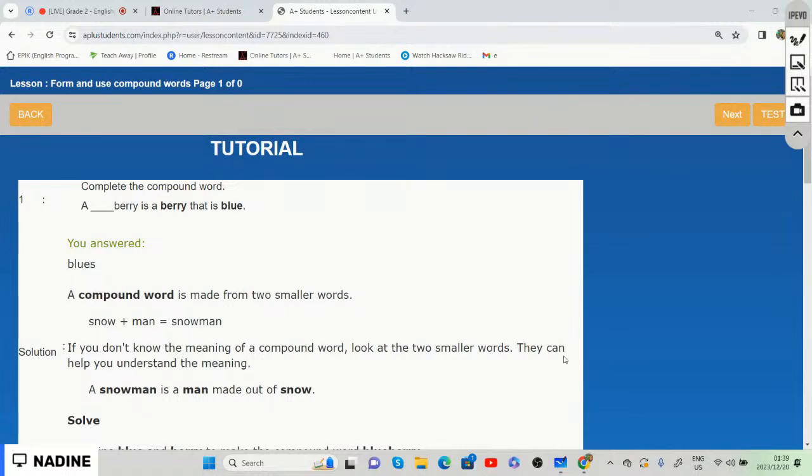So look at the two smaller words, find the meaning of each one of those words, right? Which will be a bit easier because it's smaller words. And then we put those two words together and try to make meaning of the whole word.